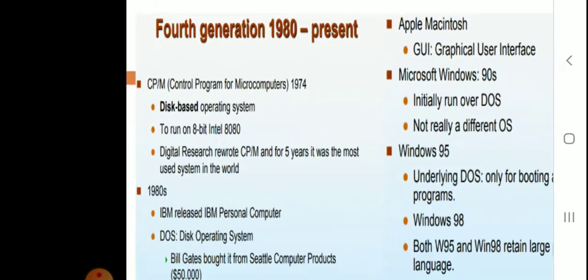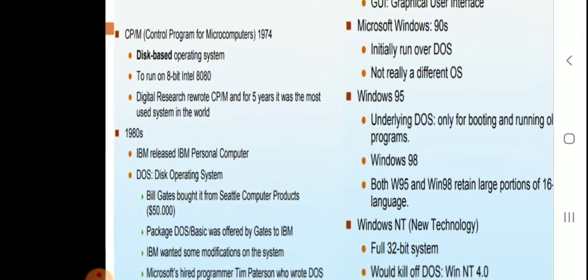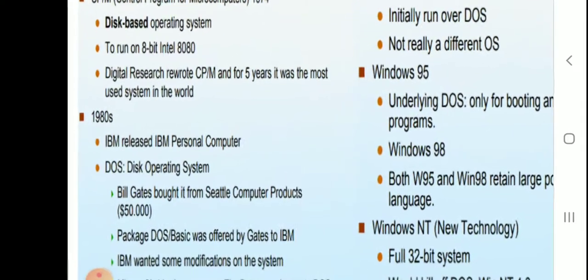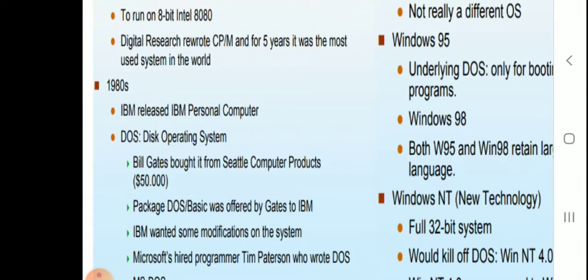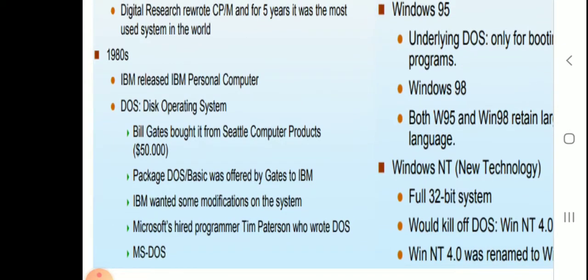In 1981, one of the operating systems released with the IBM personal computer worked on the disk operating system. Bill Gates bought it from Seattle Computer Products for $50. Gates offered DOS and BASIC to IBM. IBM wanted some modifications to the system, so Microsoft hired the programmer Tim Paterson, who wrote DOS and MS-DOS.